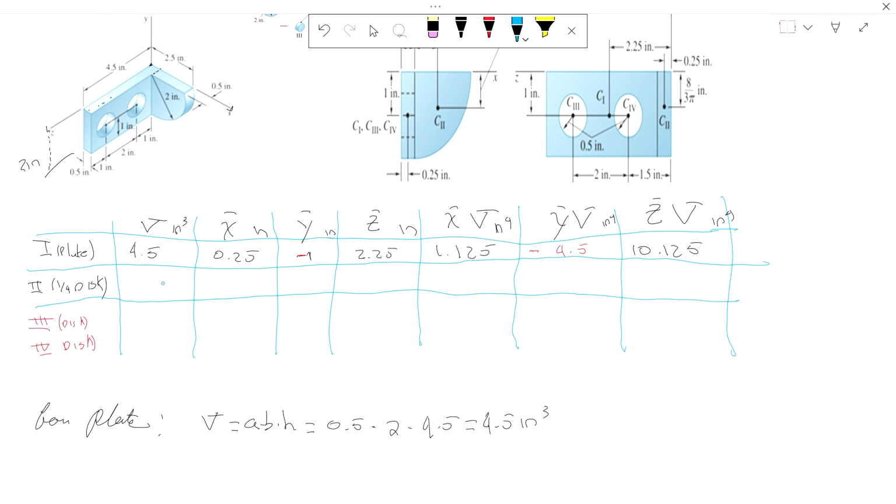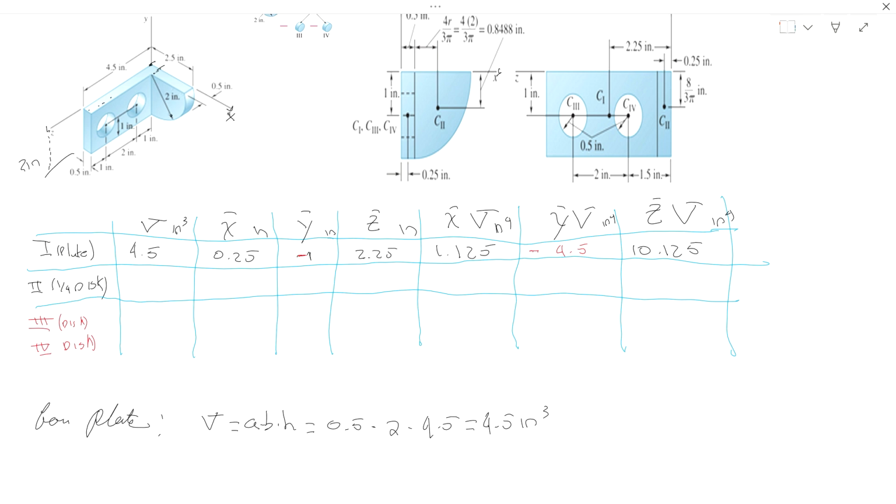Number 2, the disk. So the disk is a little tricky, because we're starting from 0.5 in x already. Remember this is x. So whatever we get, we have to add 0.5 in x. And for x, the centroid is at 4 times the radius divided by 3 pi.